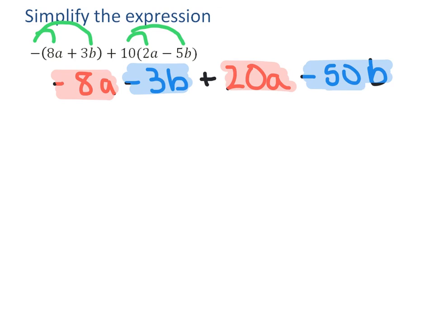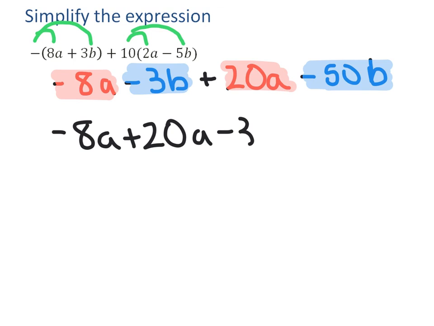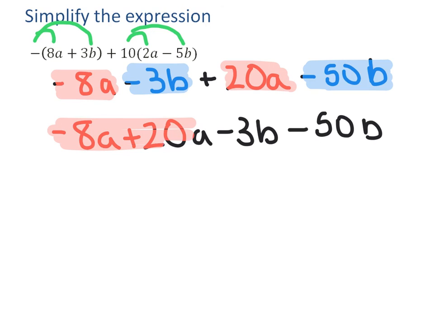So if we were to rewrite our expression, we could say negative 8a plus 20a minus 3b minus 50b. Again, our like terms are the two terms with the a and the two terms with the b.